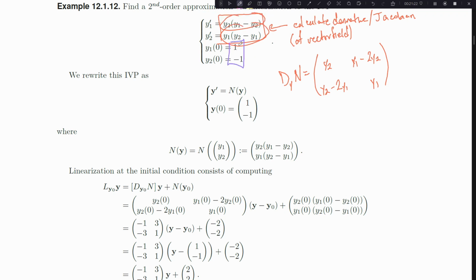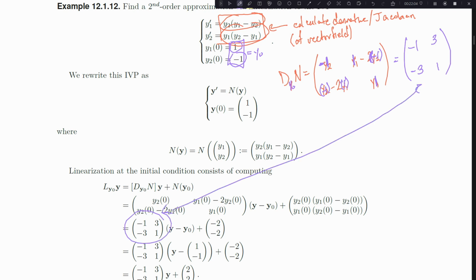Evaluating that at the initial condition 1, -1, if I'm calling this y0, then I get y2 is -1, so everywhere y2 shows up, I'm putting -1 in there, and here I have a 1 for y1. So that gives me something like -1, 1 plus 2 is 3, -1 minus 2 is -3, and 1. And ideally, that's what I have below, just to show you where that matrix came from.